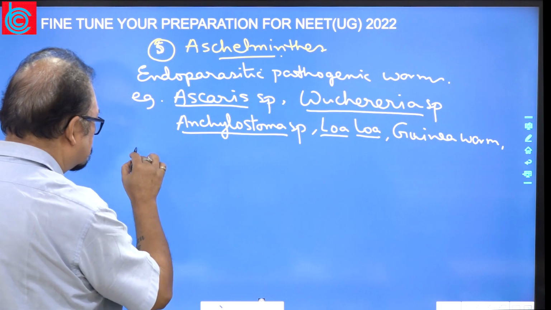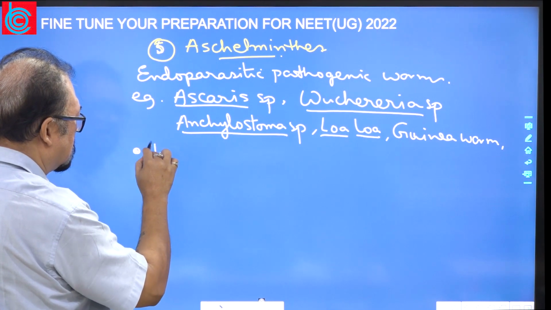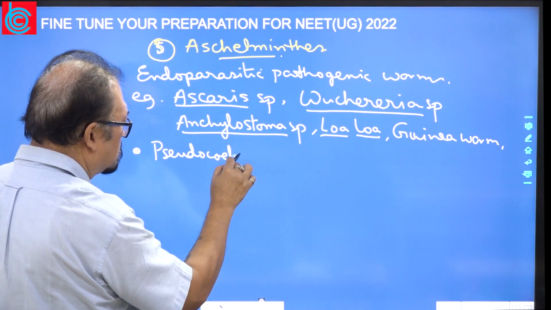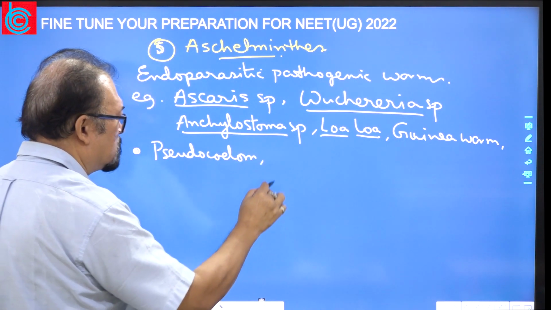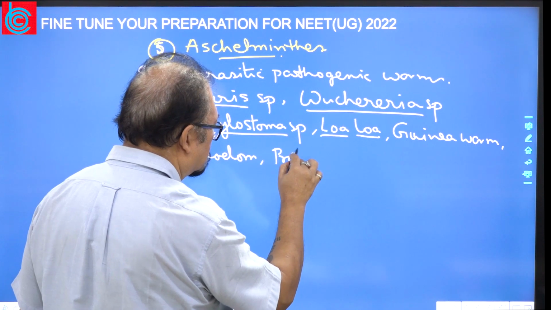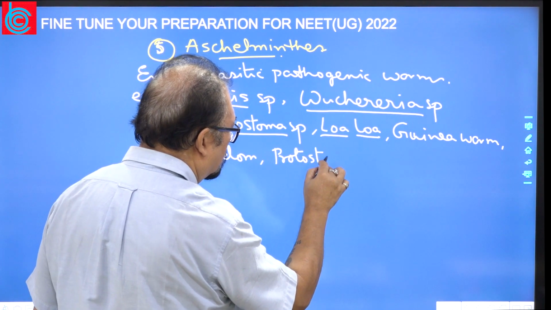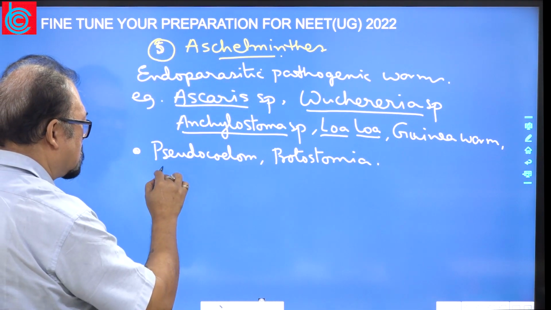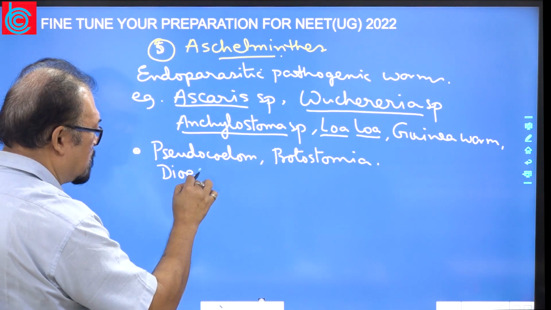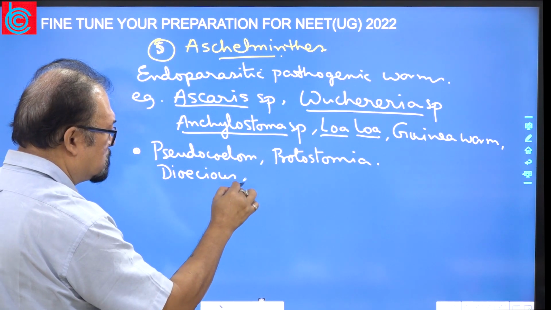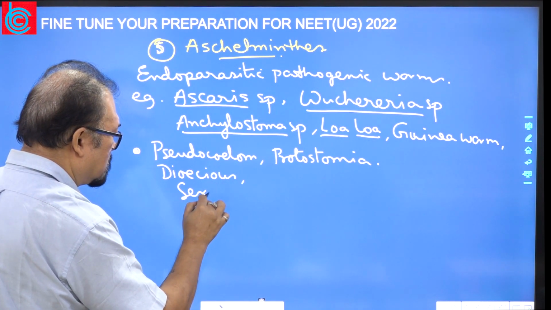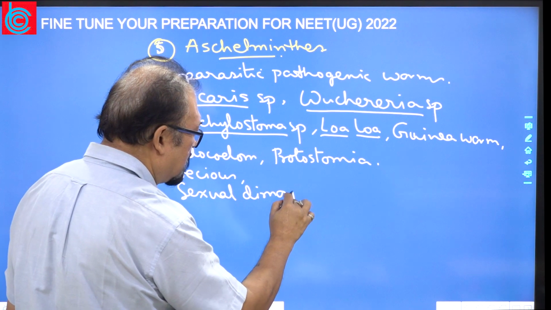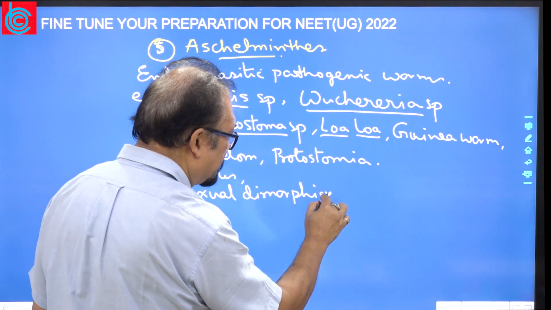Main points: pseudocoelom, protostomia, dioecious, and it is showing sexual dimorphism.